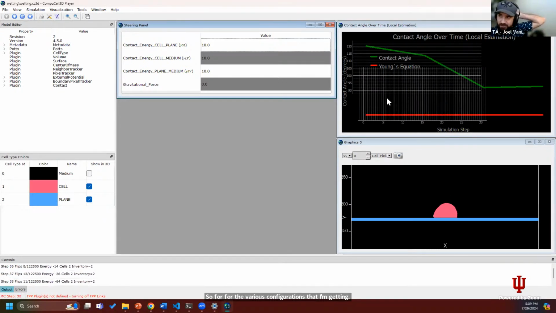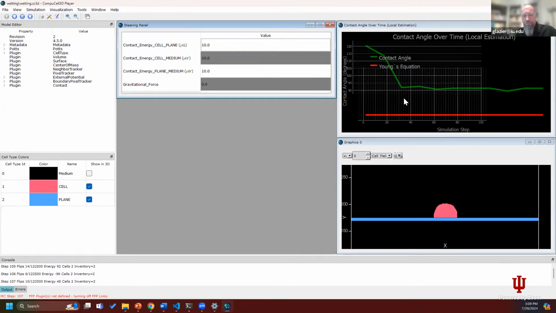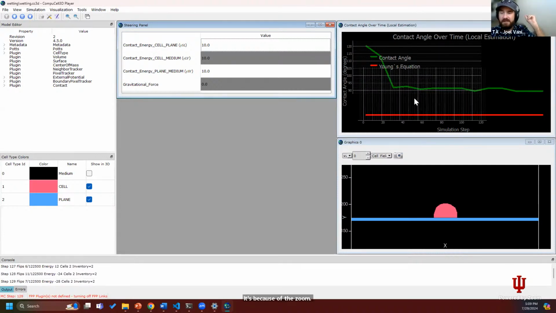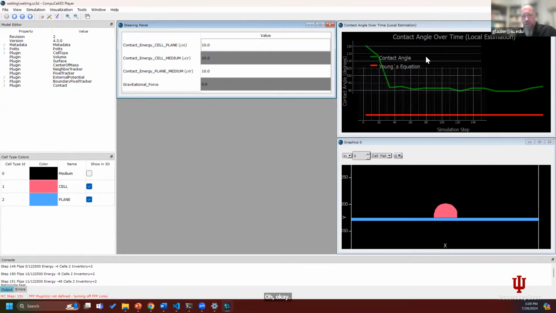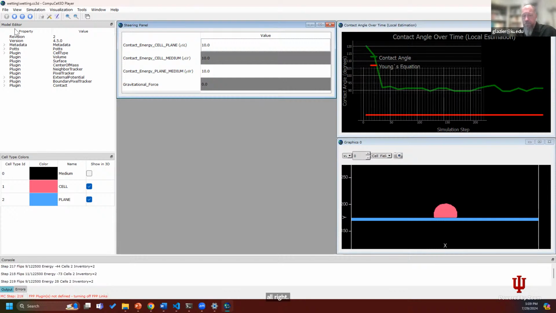Mine is broken. I don't know if it shows. Does it show for you broken, James? It's because of the zoom. Oh, okay. So if you close player and open it again, it should be all right. Close player and not just a window.